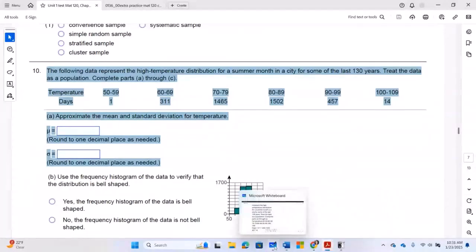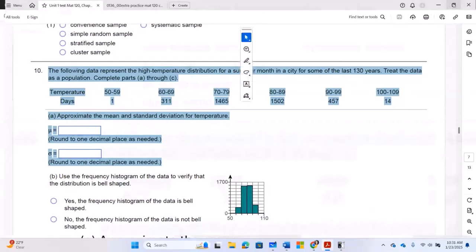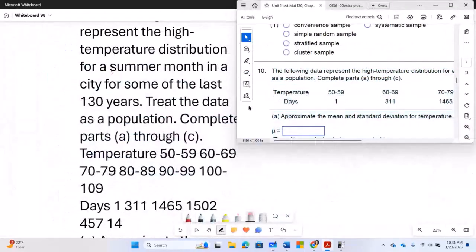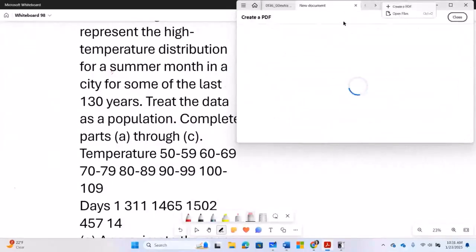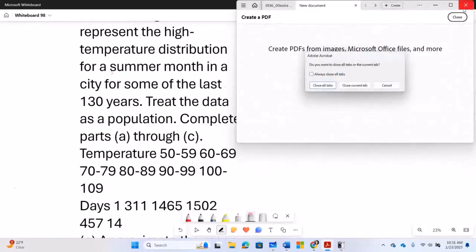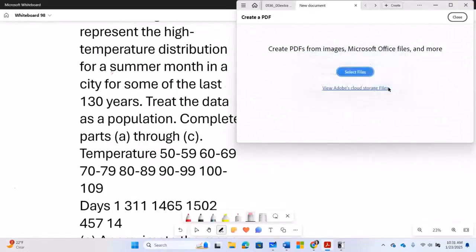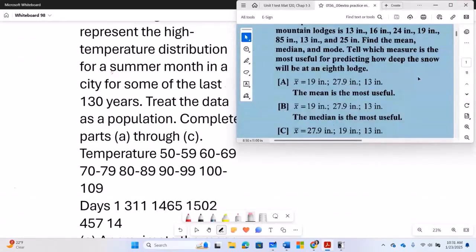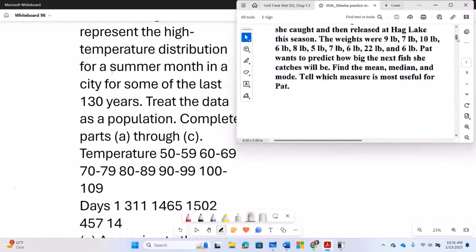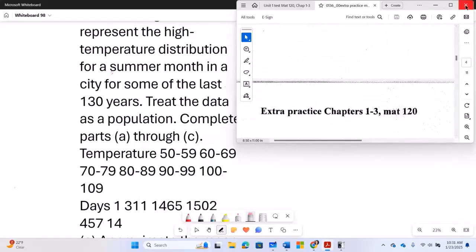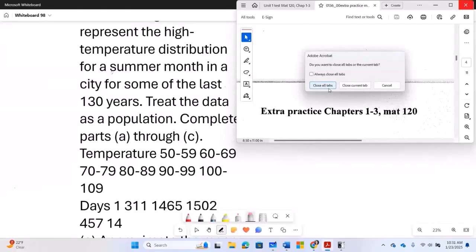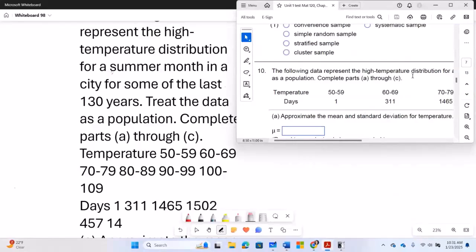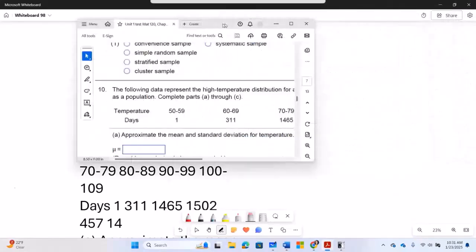I'm going to make this smaller and cancel this. I am going back to the original data. So this is the data I'm talking about right here.